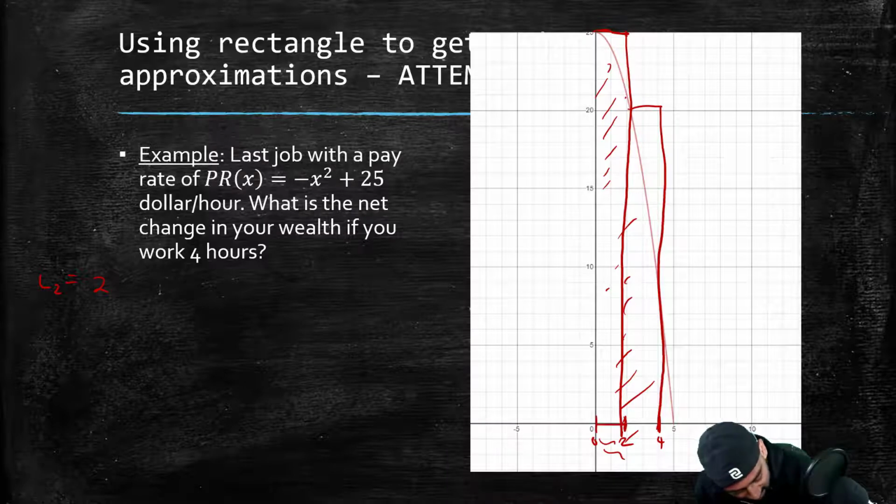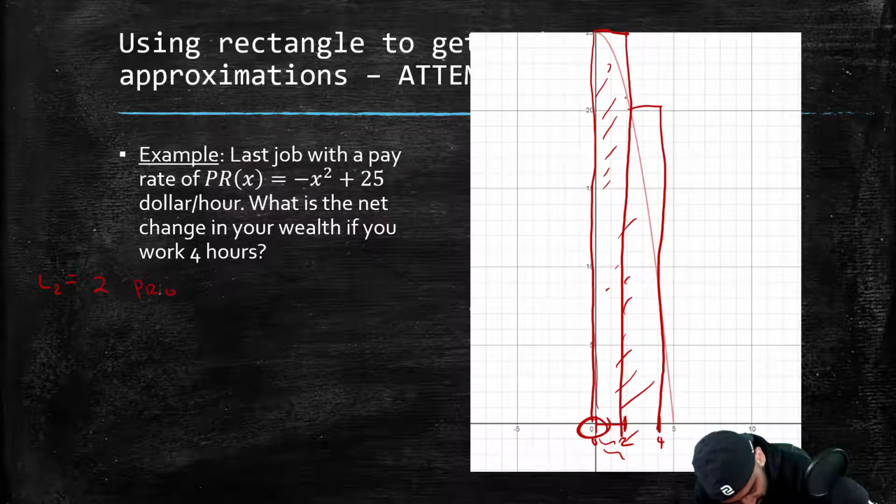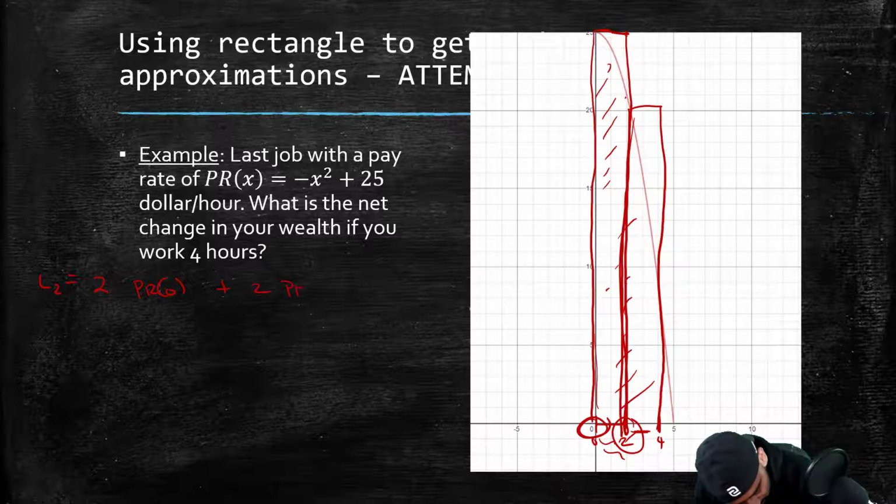and then what's the height though? The height is going to be this side right here, the left-hand side. And what determines that? When I plug in 0. So P_R of 0 plus the base again is 2. What's the height? Well, the height is this thing at 2. Right? So it's the left-hand side. So that's P_R of 2. Okay?